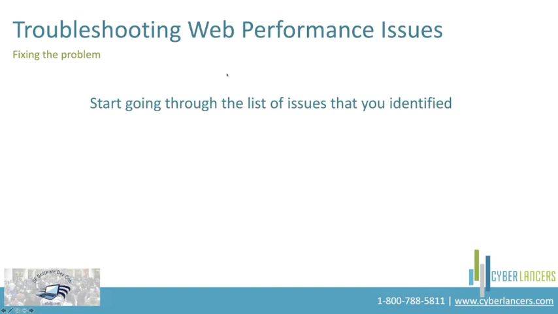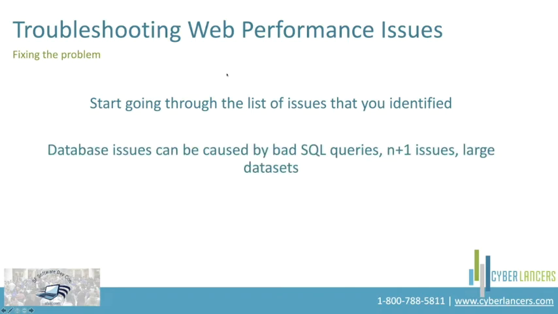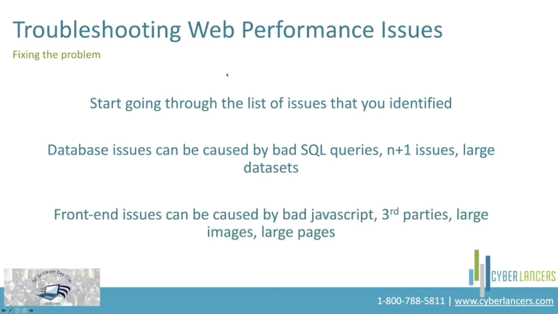The first thing we want to do is start going through the list of issues that we've identified. Like I showed when we were doing the demonstration, database issues can be caused by bad SQL queries, our N+1 issue, and large data sets. Front-end issues can be caused by bad JavaScript, third-party libraries, large images, large pages, CSS issues. There's a number of different ways that our front end can hurt us.